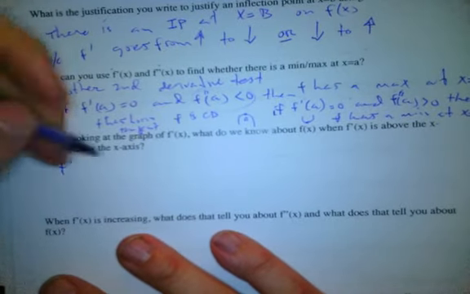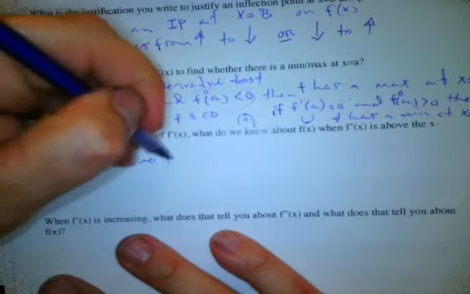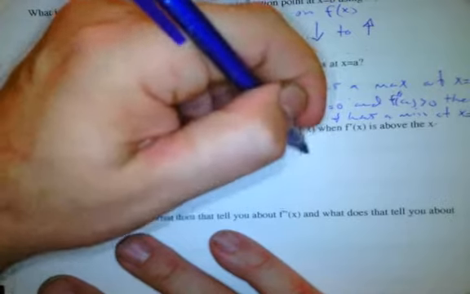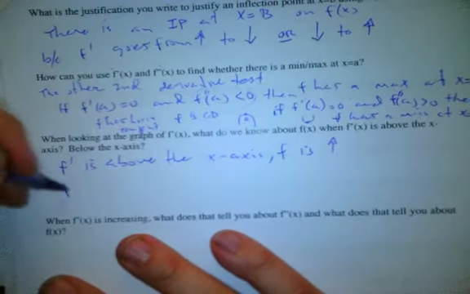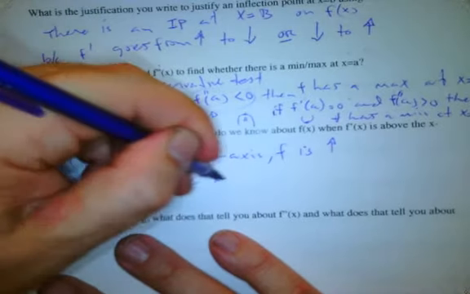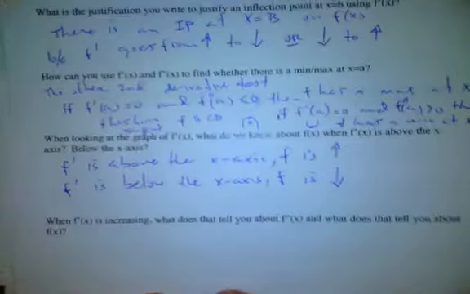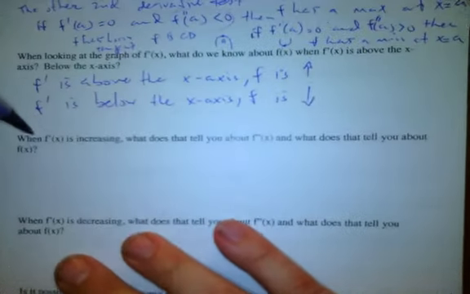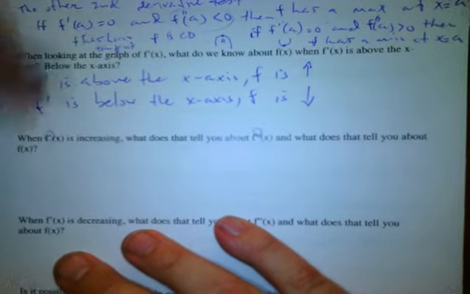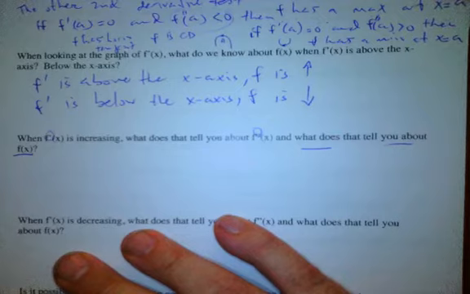Okay, what's next? When looking at the graph of f prime of x, what do we know about f when f prime is above the x-axis or below the x-axis? Well, if f prime is above the x-axis, then f is increasing. And if f prime is below the x-axis, f must be decreasing.